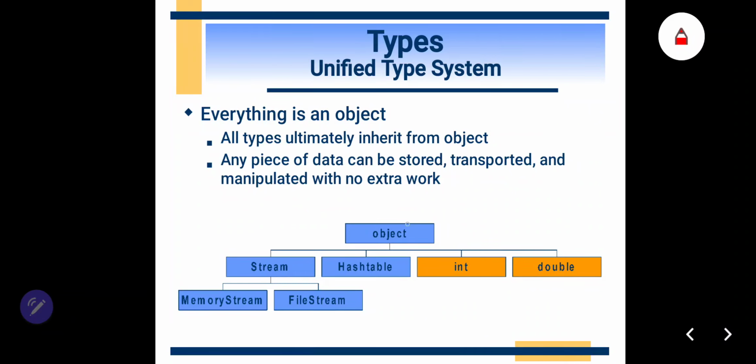You can see here object, and above this object is class, and under this object are such as string, assembly, integer, double, and where this data will be saved, for example in memory stream, file stream.